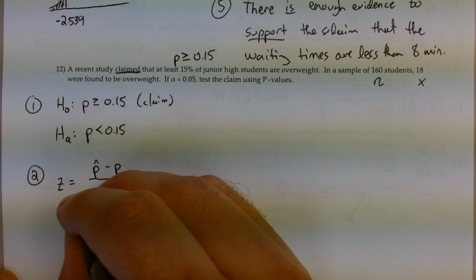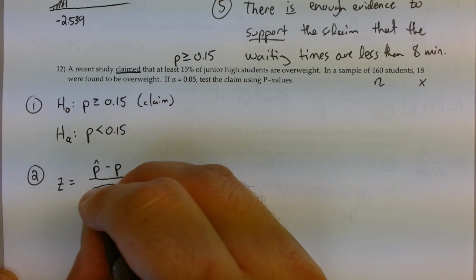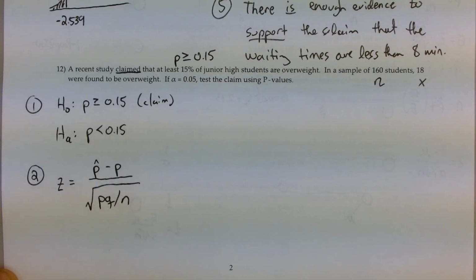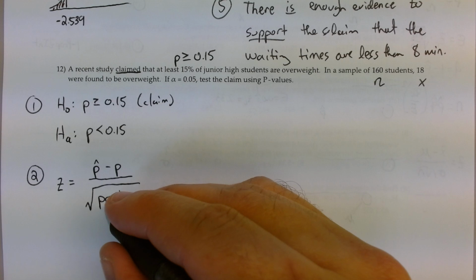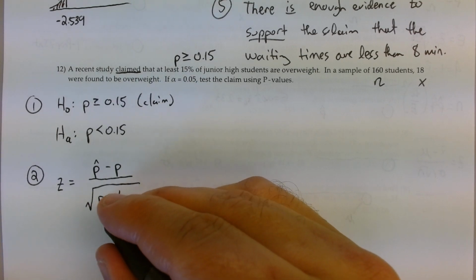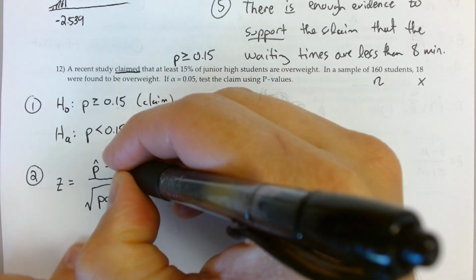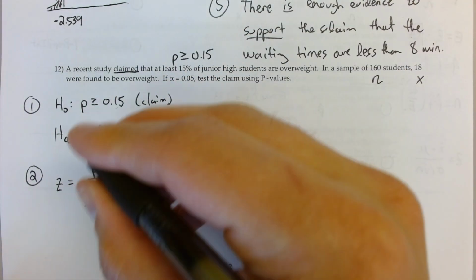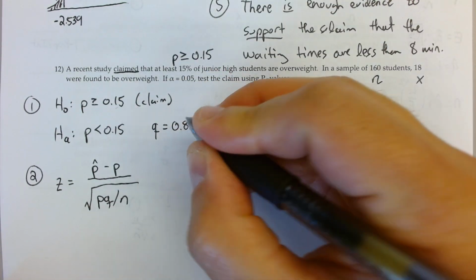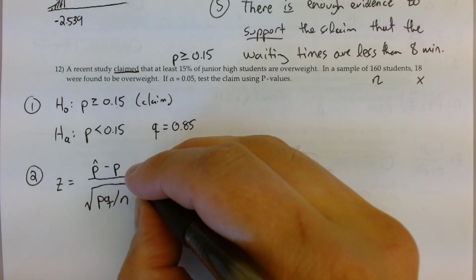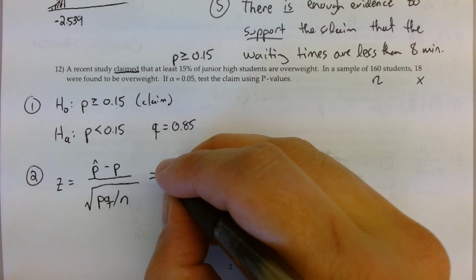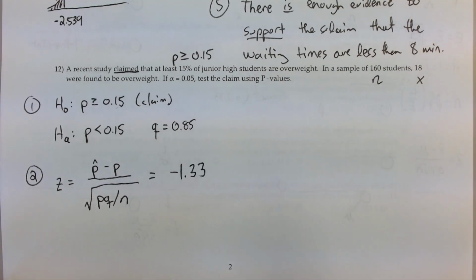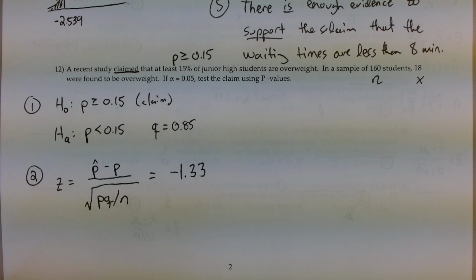And then the square root on the bottom is pq over n. Be careful here. They're not hats, so this p is actually this p, or both of these p's are the 0.15, and so the q being related to that would be 1 minus p, so 0.85. So that's what you're going to plug in here. All right. But that gives you a minus 1.33 as a z-score.